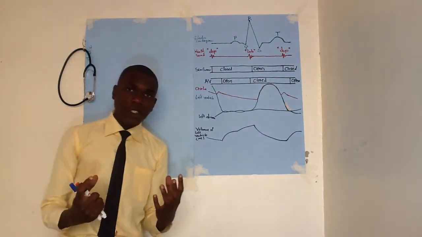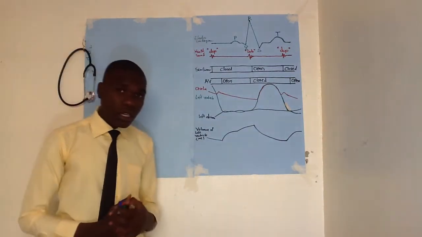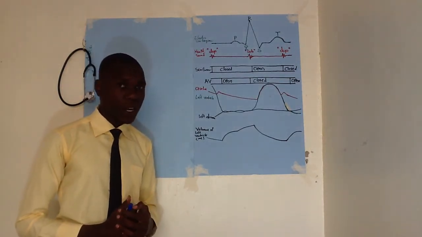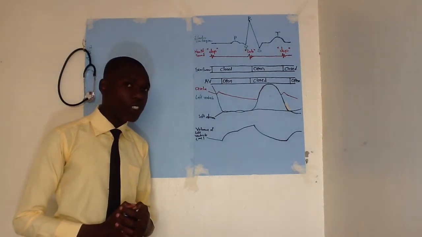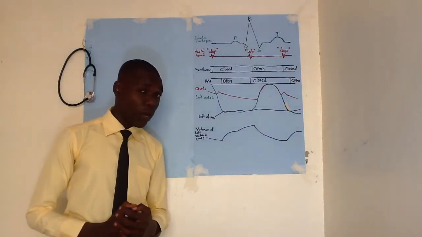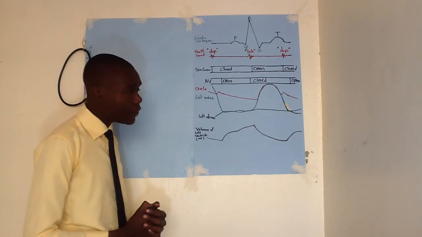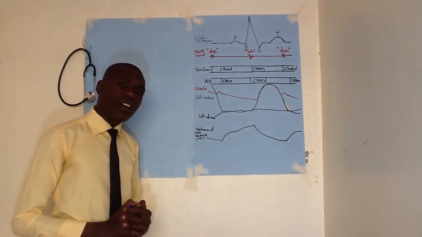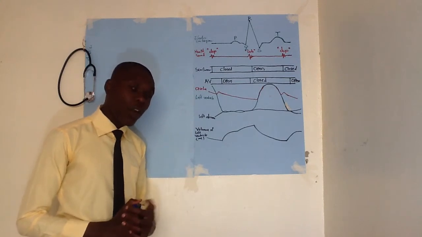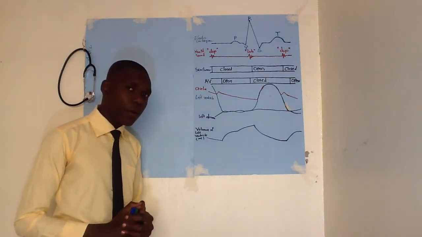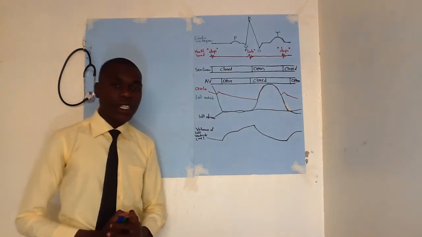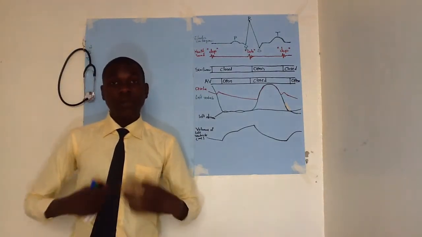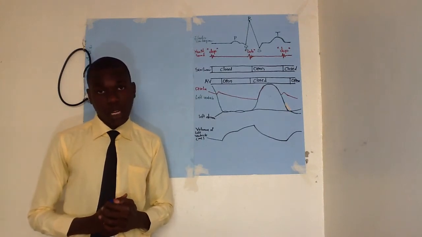In nervous influence, the heart is connected to certain centers in the brain, the cardioregulatory center in the medulla, by a set of nerves. We have the parasympathetic nerves that inhibit, reduce the rate of heartbeat, and we have the sympathetic nerves that increase, or rather stimulate, the rate at which the heart is pumping.